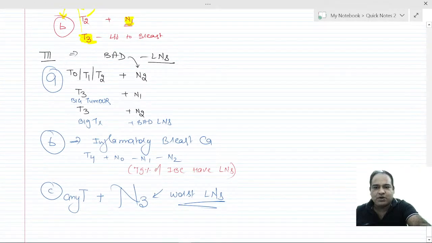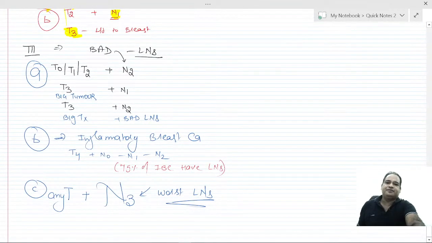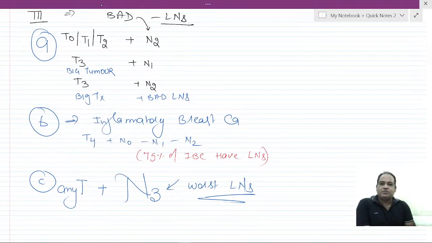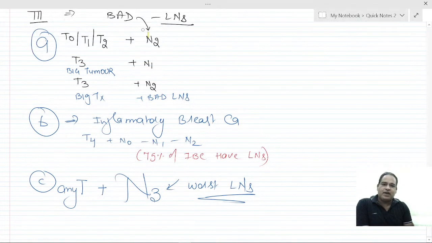Have a quick look about the 3A. Just enlarge it. I told you the bad lymph nodes. Where are the bad lymph nodes? N2. Okay. N3, the worst lymph nodes.